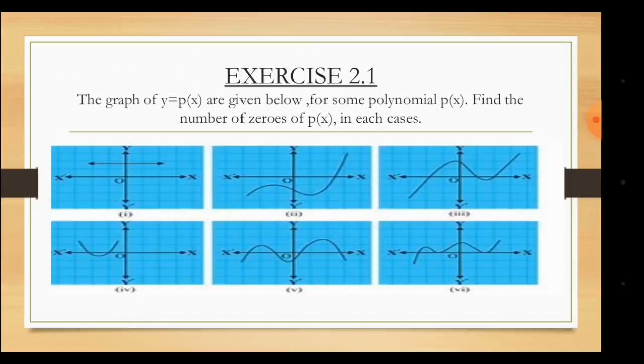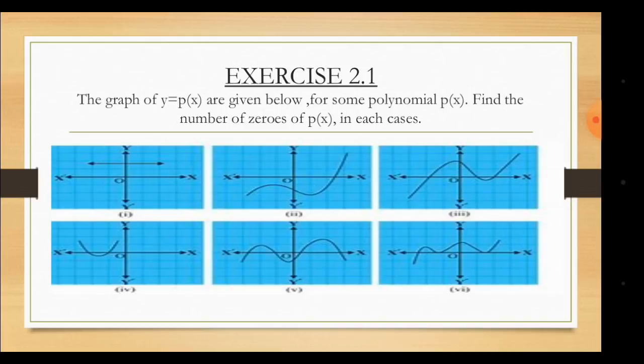See here, in this exercise some graphs are given. You have to observe each graph and answer the question. The graphs of y equal to p of x are given below for some polynomial p of x. Find the number of zeros of p of x in each case. So see the first graph.